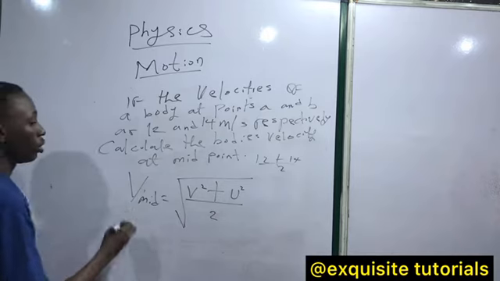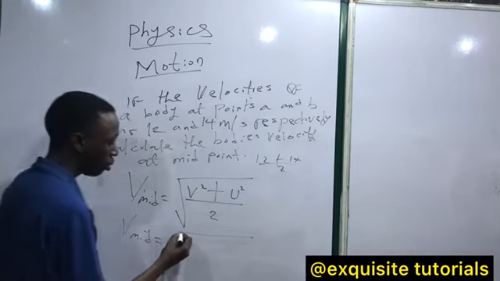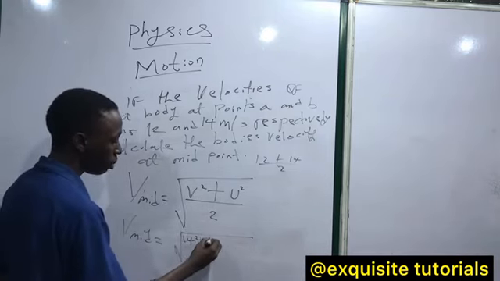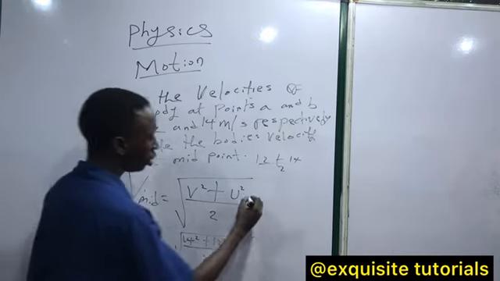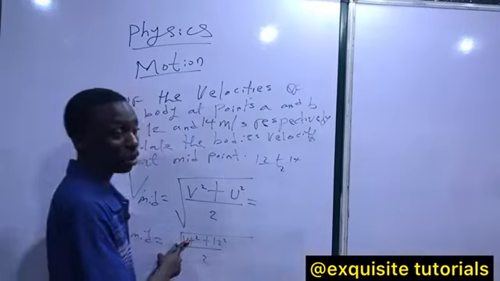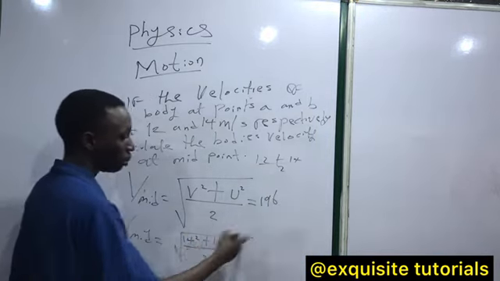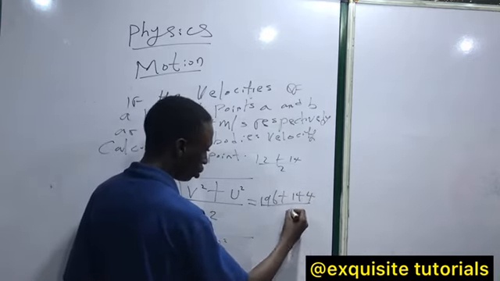So that will give us that v midway is equal to the square root of 14 squared plus 12 squared all over 2. Somebody should calculate this. What is 14 squared? 14 squared should be 196, then plus 144, all over 2.